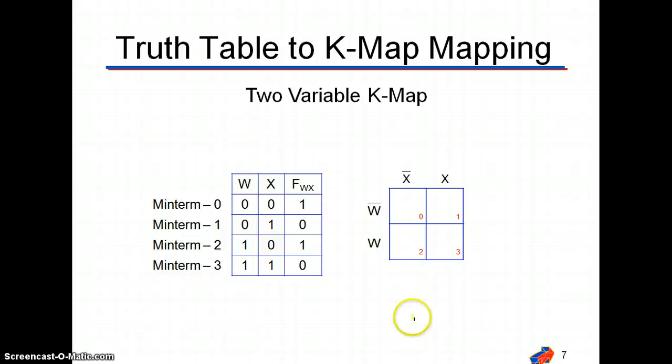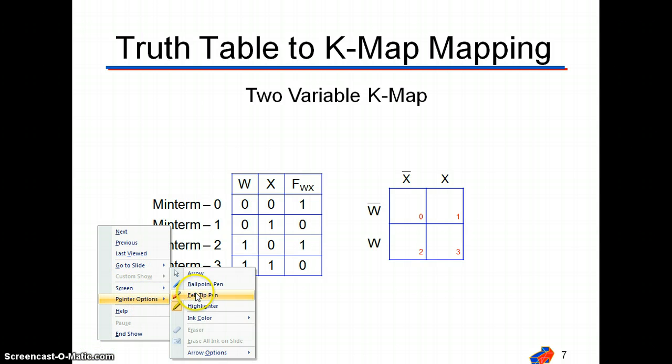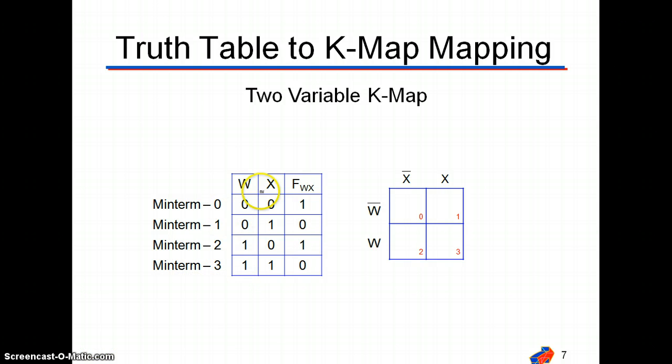Now, let's say there is a truth table of a two variable K-map. In this case, this is the truth table with two variables W and X, the values 0, 0, 0, 1, 1, 0, 1, 1. Let's say this is the output. When we provide this value to the function to which this truth table corresponds, its output is 1.